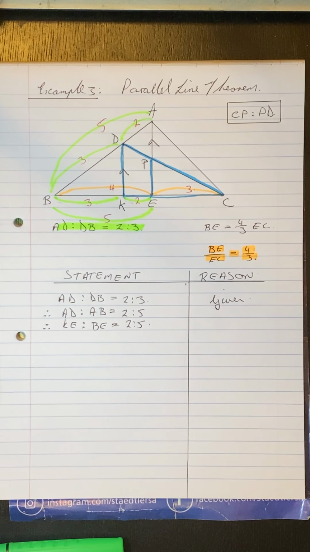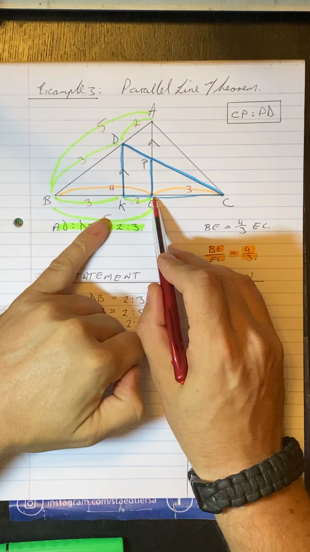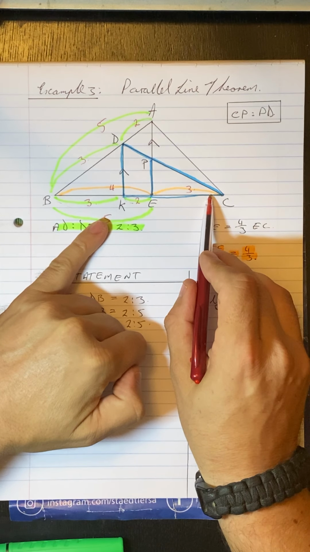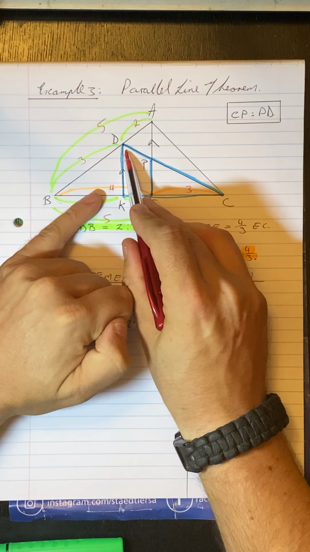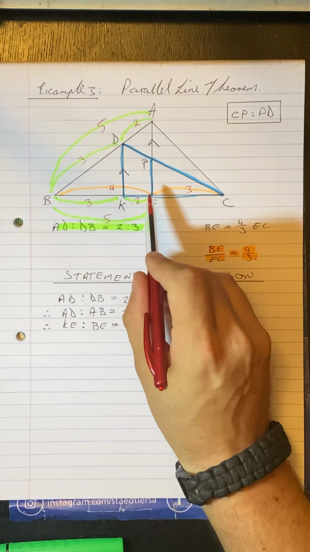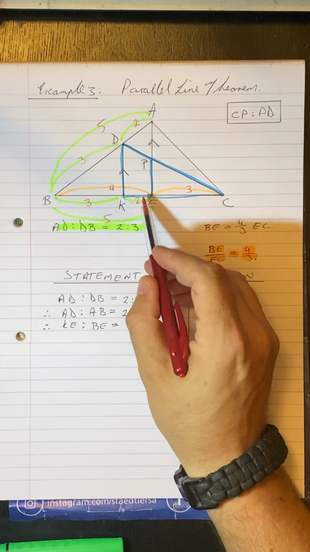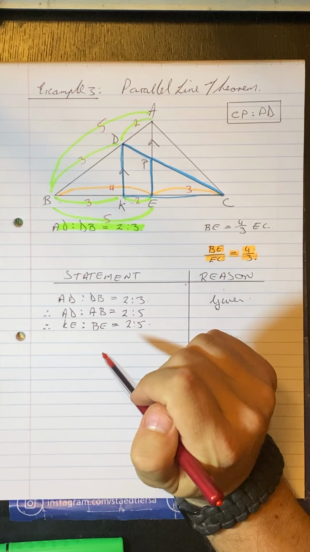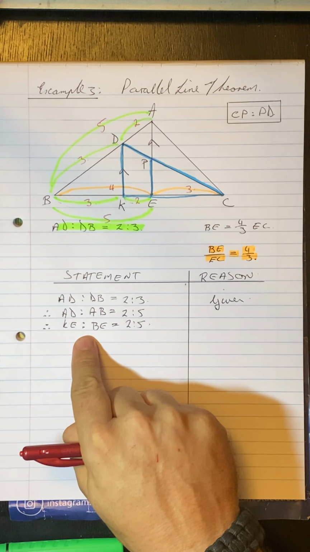If I can find the ratio of KE and EC, then I have this CP to PD. But as I was saying earlier, the problem is that your KE overlaps, so we need to find that KE on its own. That's where I'm leading up to with all of this.